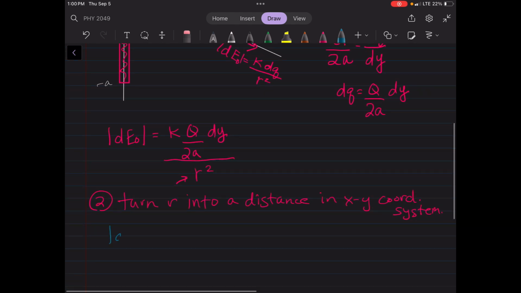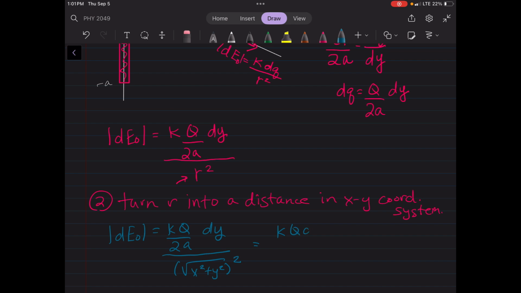Our dE is kq over 2a dy divided by the square root of x squared plus y squared, squared, which gives me kq dy over 2a times x squared plus y squared.